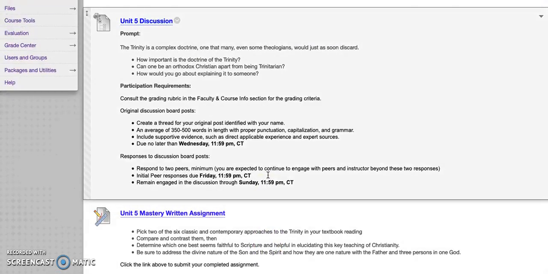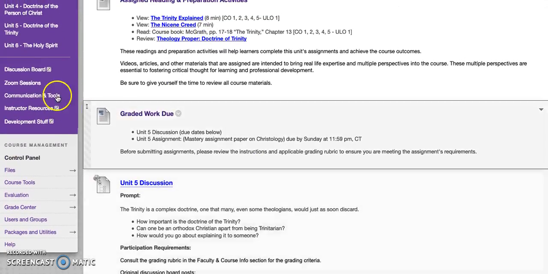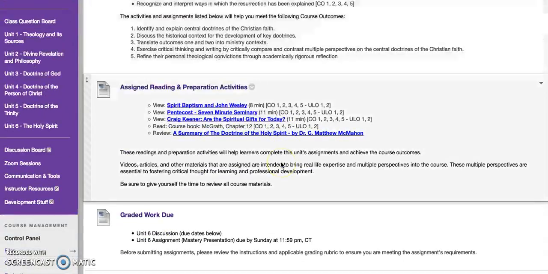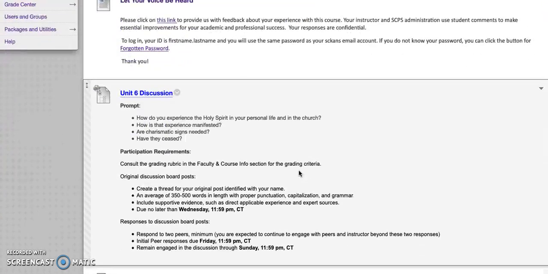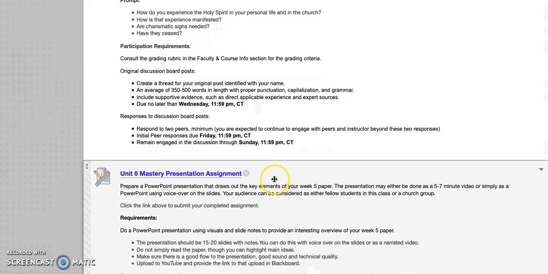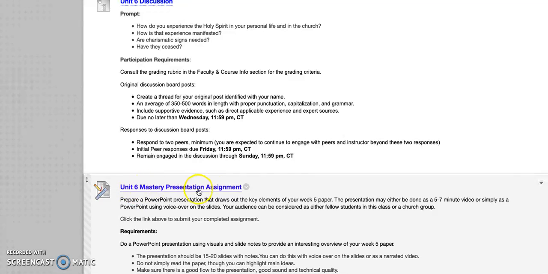Then in Unit 6, we are finishing our focus on the person of God, and what's involved in the Trinity and the persons within the Trinity, Father, Son, and Holy Spirit. Your discussion post will be on the Holy Spirit, and your assignment will not be a written assignment, but a PowerPoint or a video, whichever you prefer.